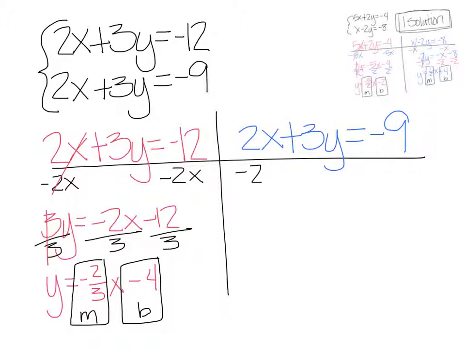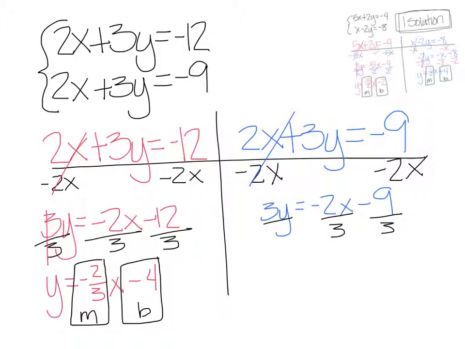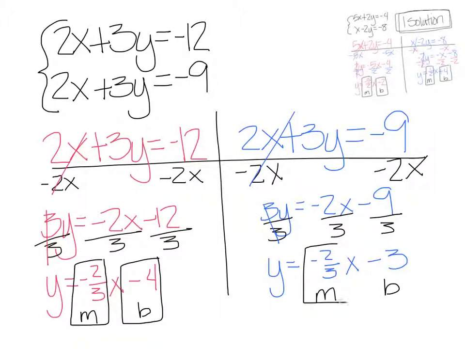Over here, we'll start by subtracting 2x from both sides. This leaves us 3y equals a negative 2x minus 9 this time. Divide every term by the coefficient, which leaves us y equals a negative 2/3 x minus 3. Again, we have our slope and our y-intercept. Really easy to locate and identify.